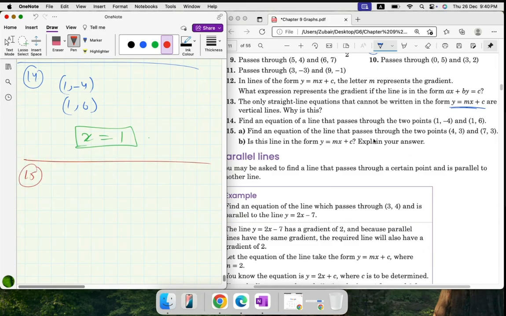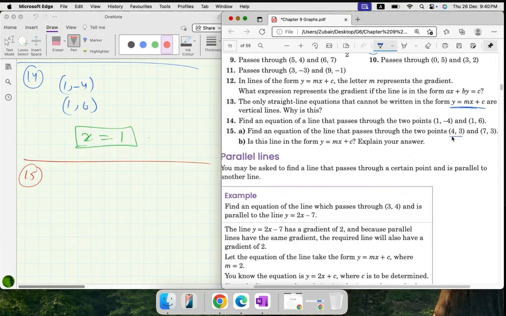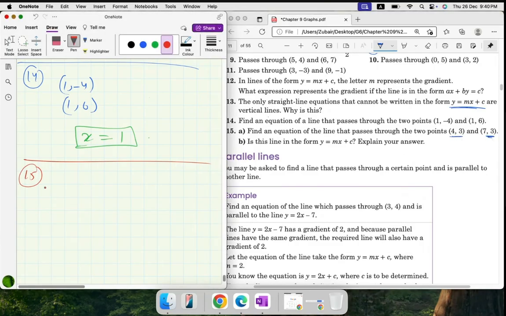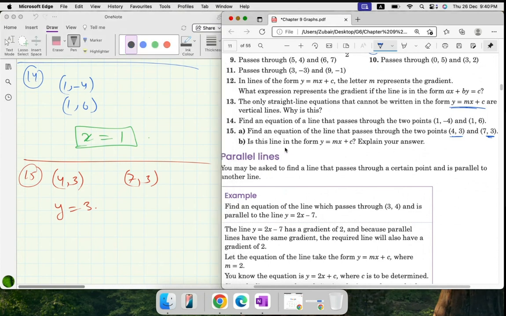Find an equation of line that passes through the points 4, 3 and 7, 3. y is not changing, so y is equal to 3. If you try to find the gradient, you will get 0. B part says, is this line in the form y is equal to mx plus c?